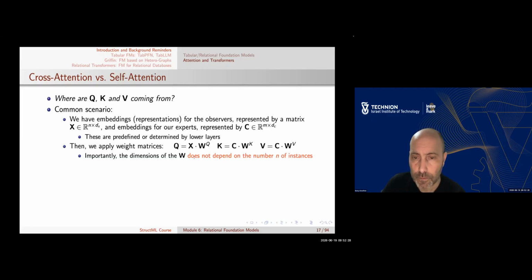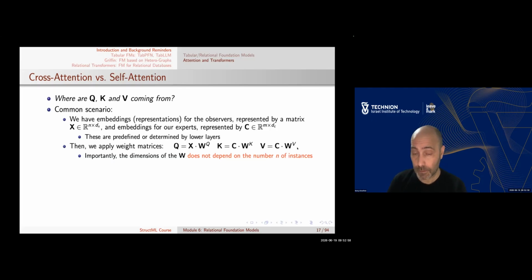It is important to understand that each of these W's, basically, what does it do? It transforms us from the representation space of the semantic input, the observers, the experts, to the representation space of the queries, keys, and values.